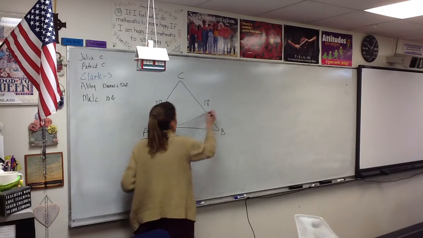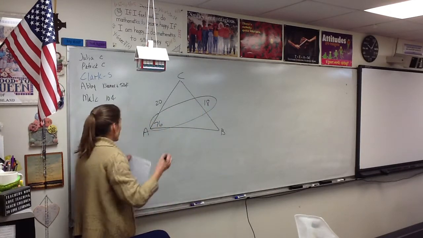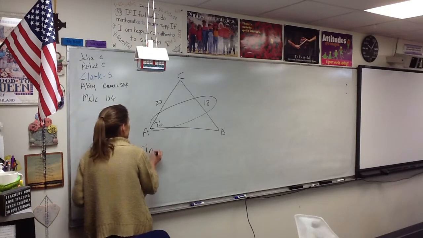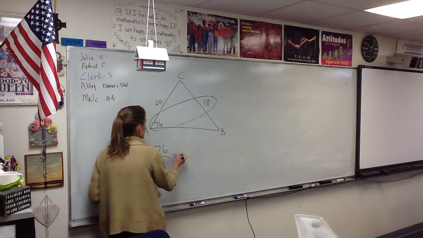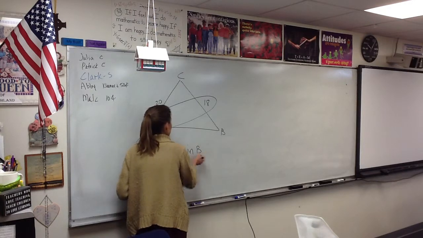Now, do you see a pair here? So we will say sine 76 over 18 equals sine B over 20.